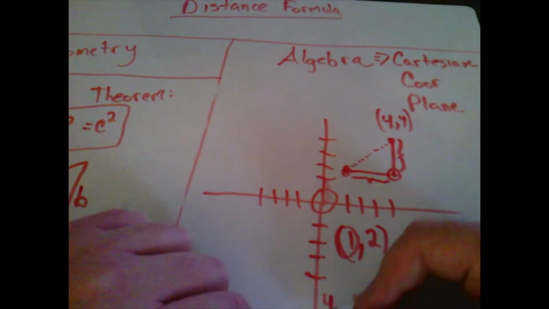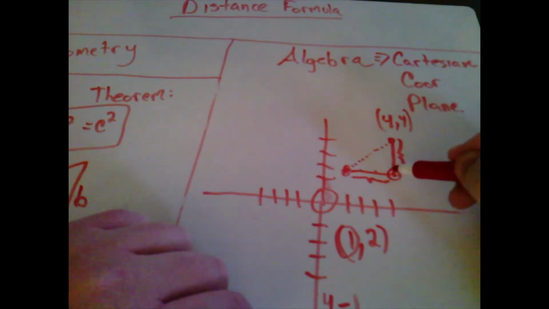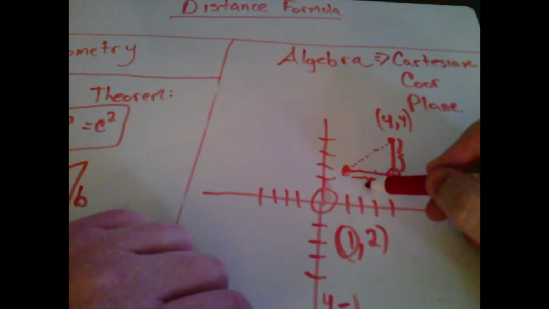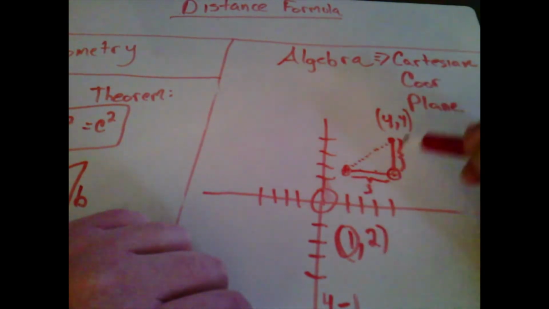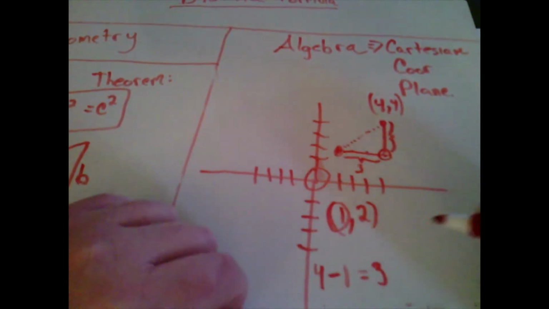Or if you prefer, you could just count 1, 2, 3. The distance from here to here is 3, or it's 4 minus 1, which is 3.